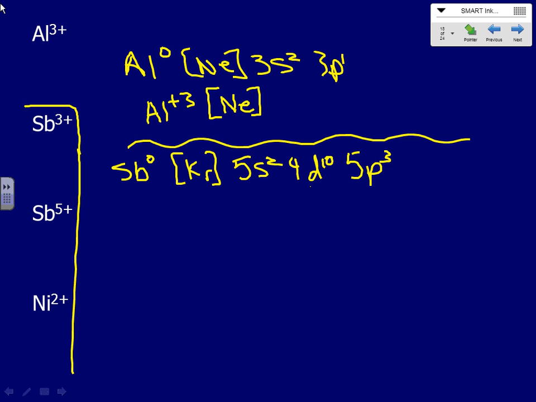According to the rules, I'm going to remove from the highest energy levels first, which means I'm going to be removing from the 5s before I remove from the 4s. That's why on the periodic table, they always order the lowest numbers first.